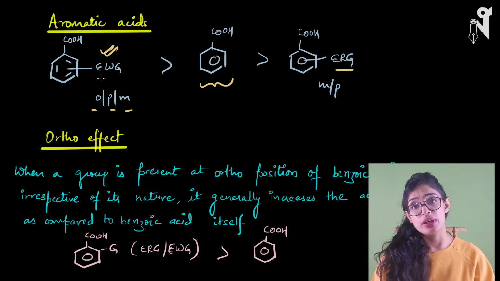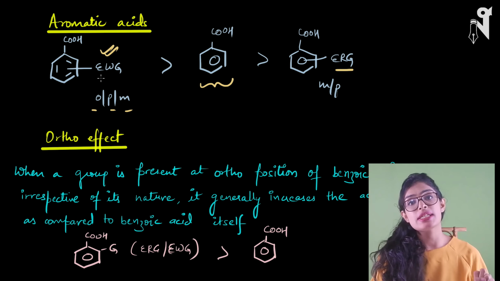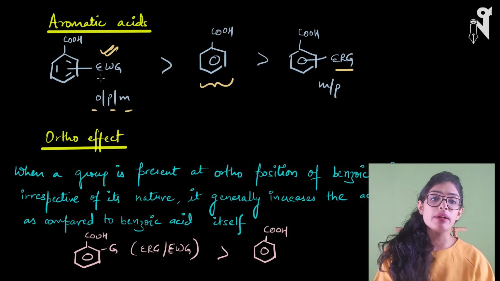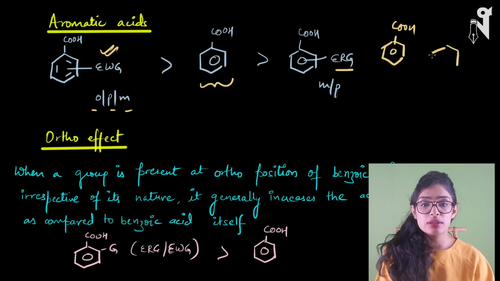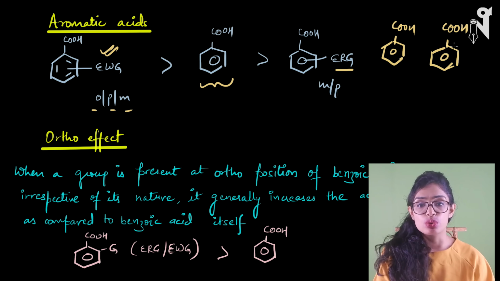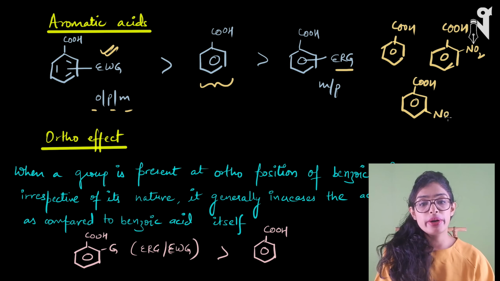Now understand one thing, if an electron withdrawing group is present on the benzene, then it always pulls the electron density from that benzoic acid. So if you are comparing a normal benzoic acid, and then you have a benzoic acid with an electron withdrawing group like NO2 on the ortho position, or NO2 on the meta position, or NO2 on the para position.